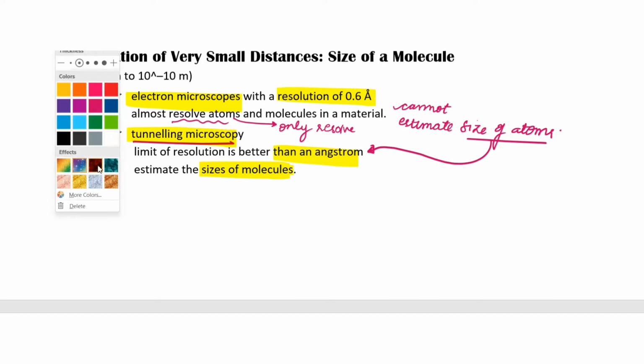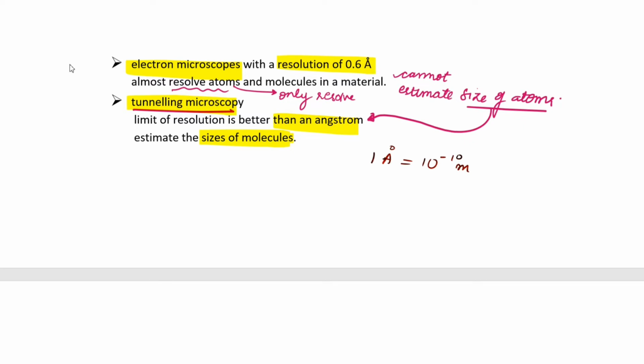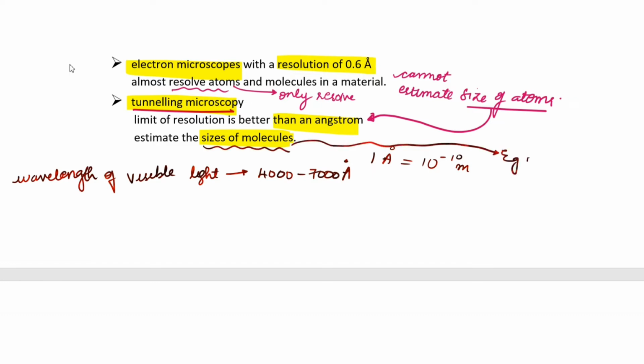And 1 angstrom is 10 power minus 10 meters, and the wavelength of visible light, as we know, is 400 angstrom to 700 angstrom. Now there is also a volumetric method for determining small distances, like for oleic acid, whose size is 10 power minus 9 meters. For such small measurements, that is measuring the size of molecules, we use the volumetric method.